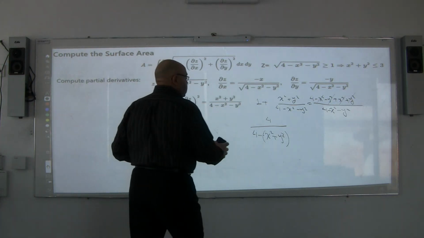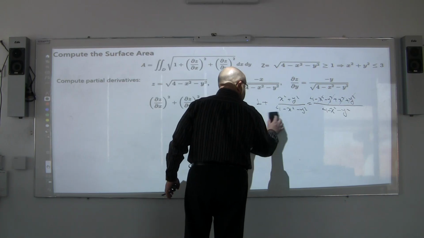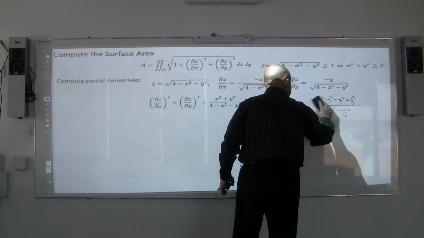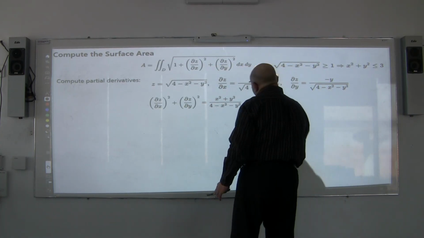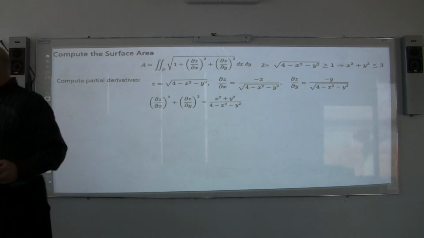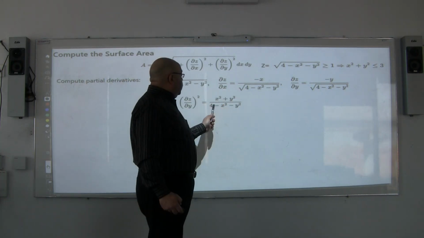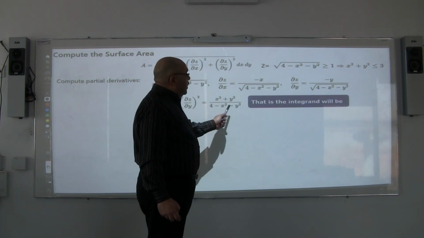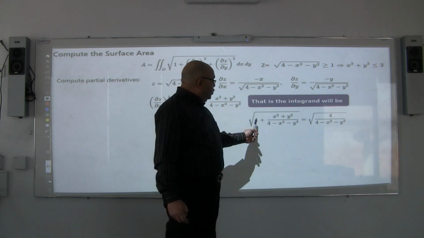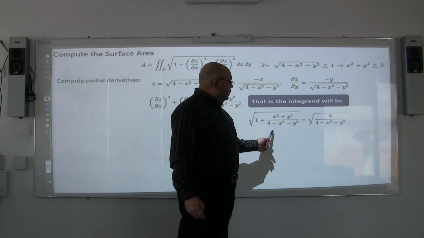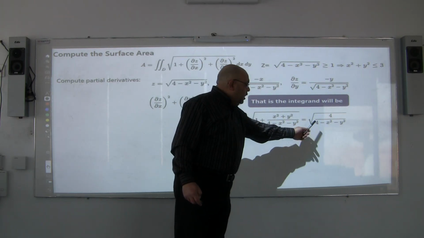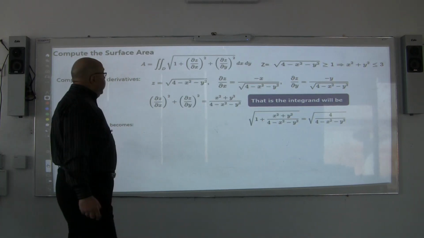So this is the best option for us, just for the simplest way of navigating through the polar coordinates. So now once more, I have x squared plus y squared over 4 minus x squared. That's the integrand, just replacing this part, getting a common denominator, and now I'm ready to integrate.